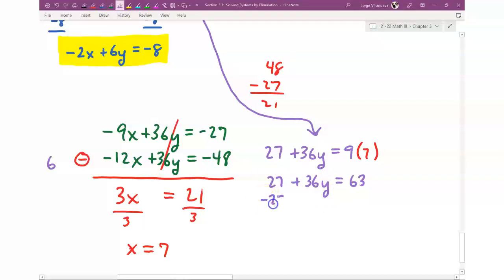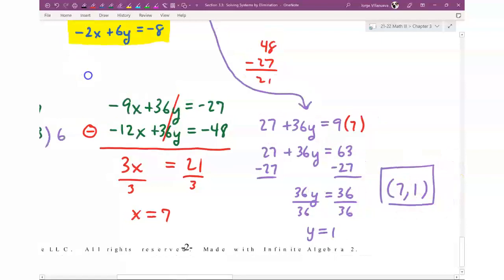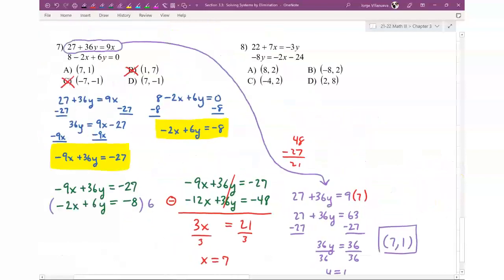If I subtract 27, I get 36y equals 36. So what's y equal to? 1, right? If I divide by 36, I get 1. So my answer is 7, 1, which would be A.